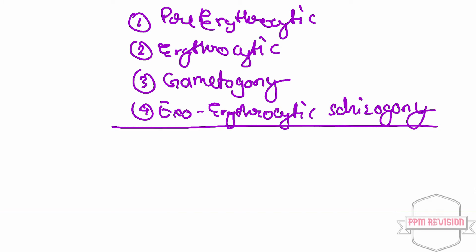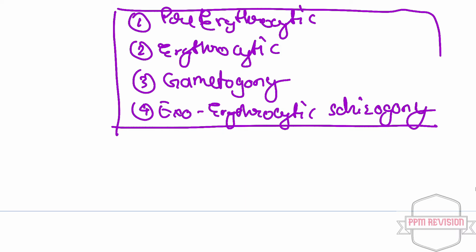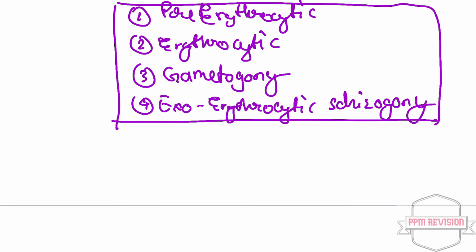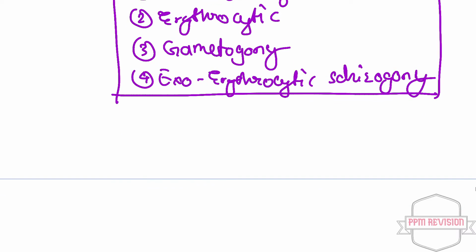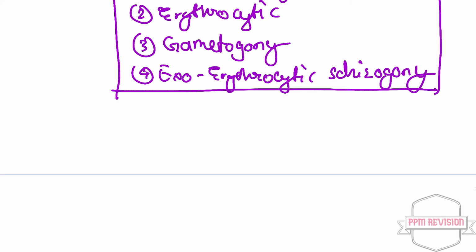So these are the steps. Questions can be framed in such a pattern as well. So we need to know the sequence and the order. Now, moving further, this is the basic that we need to know.